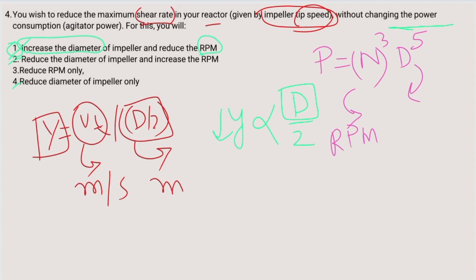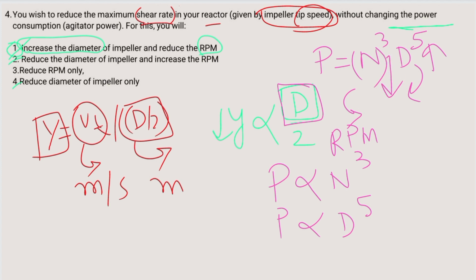So the power has a directly proportional relation with N cubed and D to the power 5. Here we have seen that to reduce the shear rate, we have increased the diameter. If we have increased the diameter, then we have to reduce the RPM, the speed. So we have to reduce the RPM and increase the diameter. That is the answer.